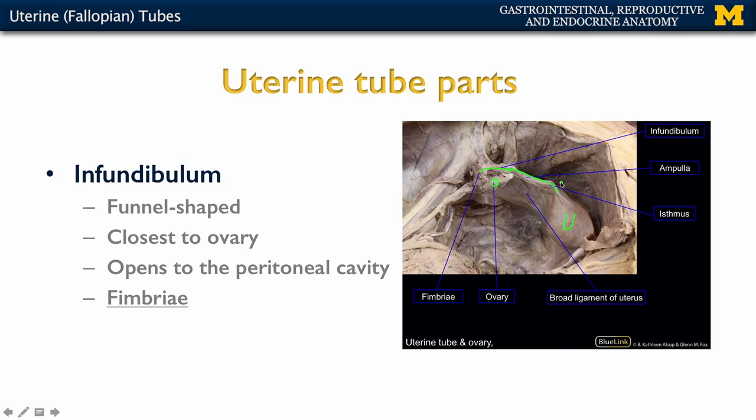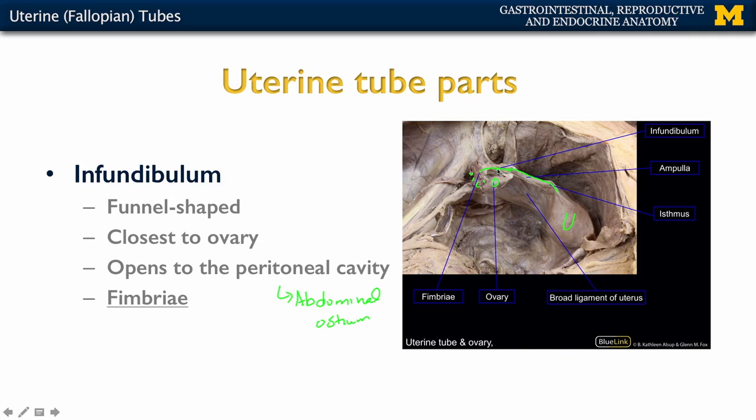And you can see it's very tightly surrounded by that peritoneum. So the most lateral portion is referred to as the infundibulum. This is opening into the peritoneal cavity at what we refer to as the abdominal ostium. So the opening.